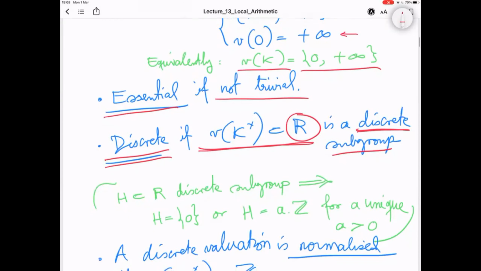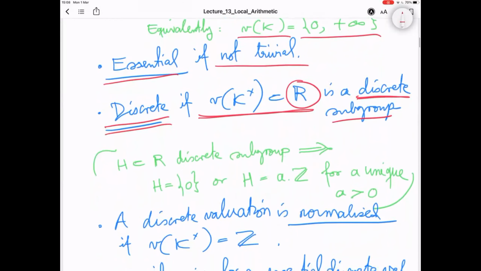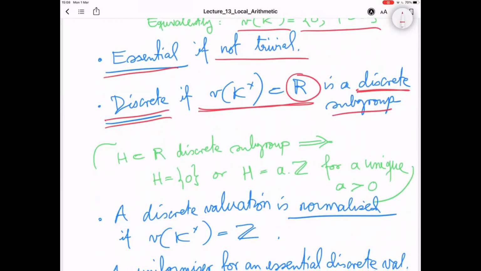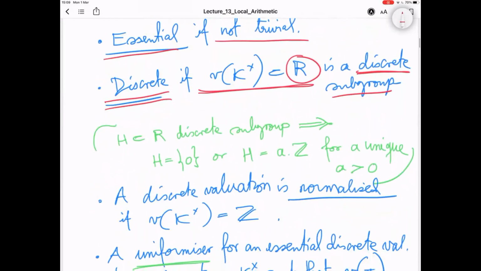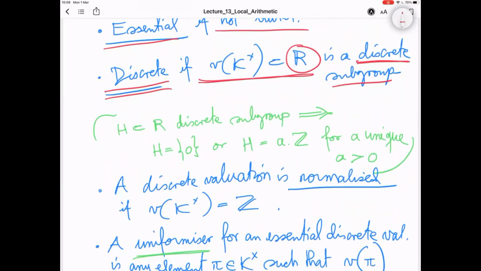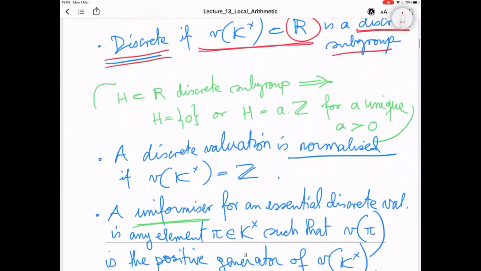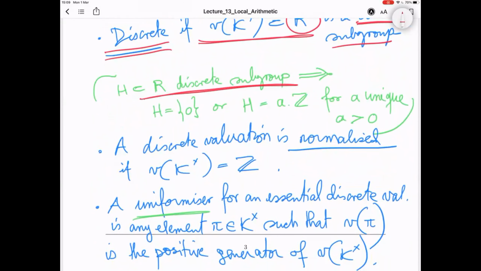There's nothing which forces a valuation to be discrete. The trivial valuation is, of course, discrete, because the subgroup consisting just of the 0 element is a discrete subgroup. But we know all discrete subgroups of R, right?